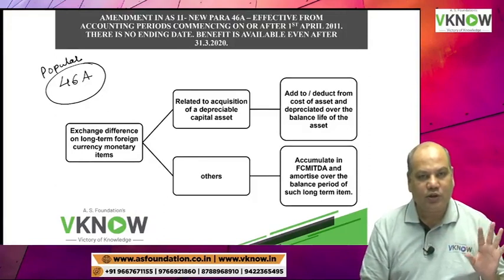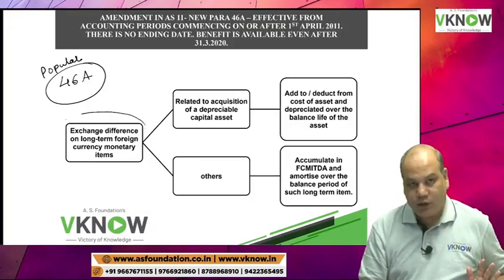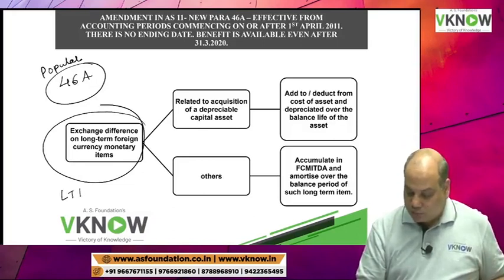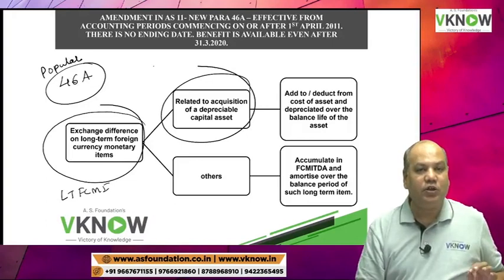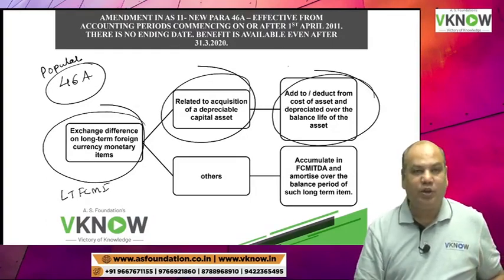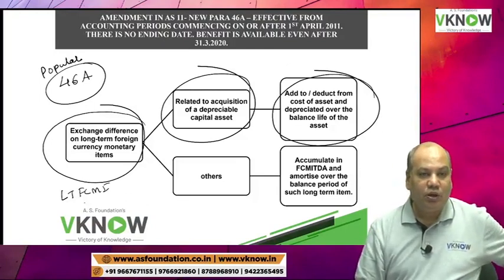What is 46A? Same thing. If it is an exchange difference relating to a long-term foreign currency monetary item, and if it is related to a depreciable asset, you will capitalize it in the cost of that asset and depreciate it over the remaining life.